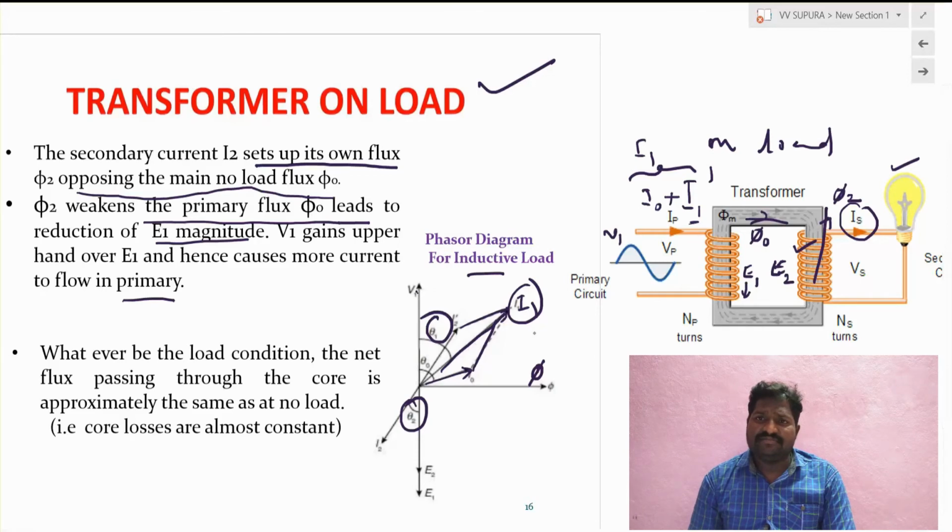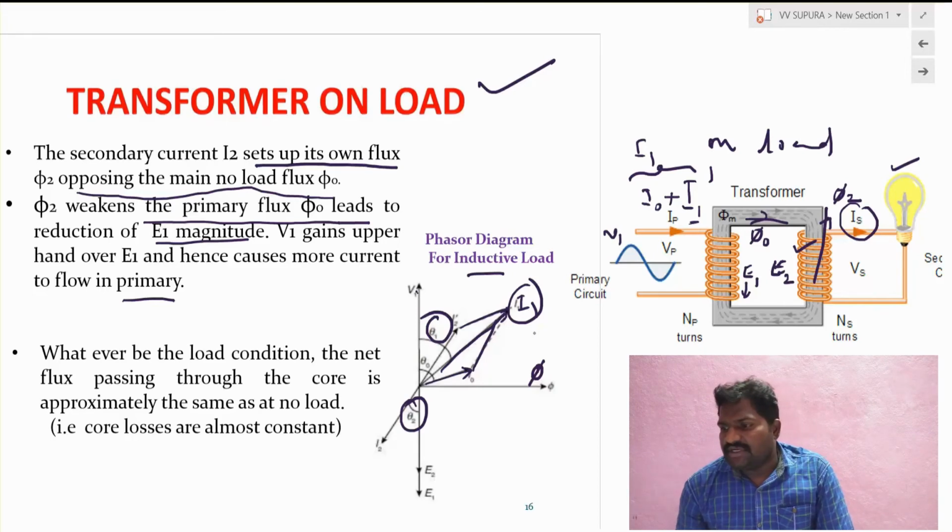When the load is connected, the flux in the main core will be reduced. Because of the reduction in flux, the induced EMF in the primary side is also reduced, and V1 gets the upper hand. So it will draw more current from the primary side to compensate for the reduction of the flux. So this is the vector diagram.